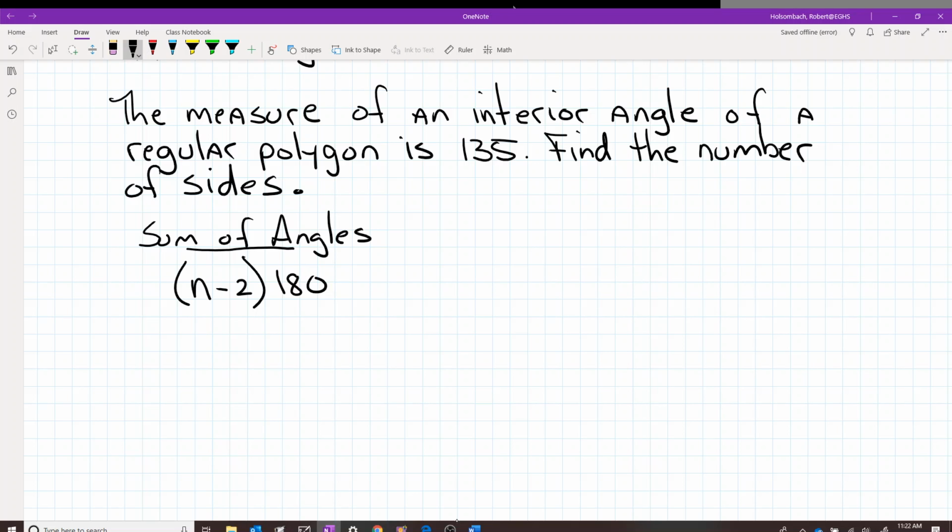So if you took this 135 degrees and multiplied it by the number of sides, which is the same as the number of angles, wouldn't that also give you the sum of the angles?